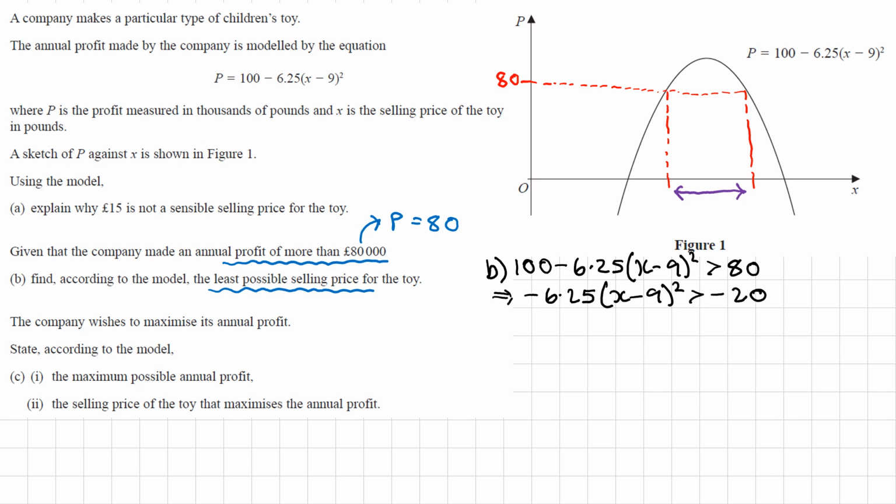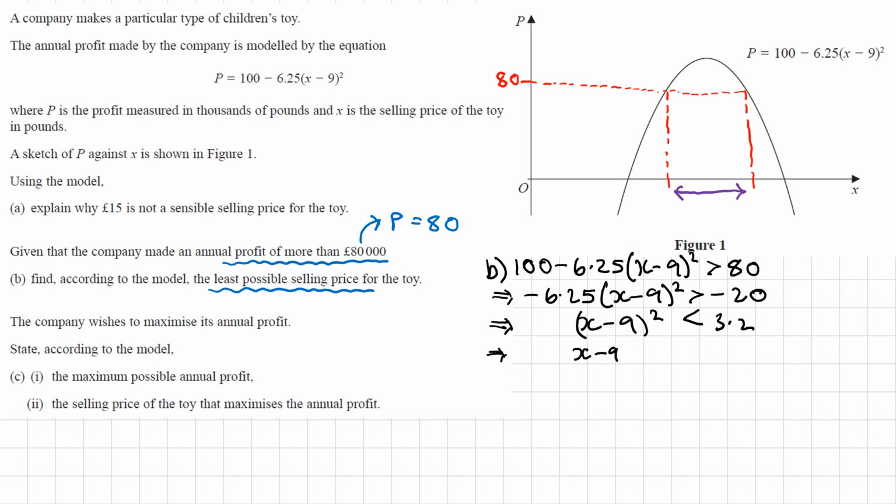Now I'm going to divide both sides by negative 6.25, which immediately means that the sign will get reversed when you divide or multiply both sides by a negative number. Negative 20 divided by negative 6.25 gives 3.2, or 16 over 5. Let's write that as 3.2. Then we will root both sides.